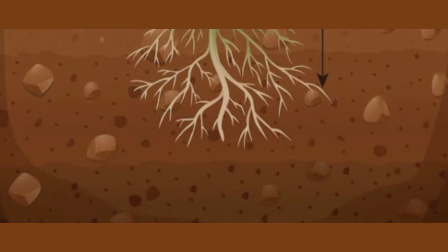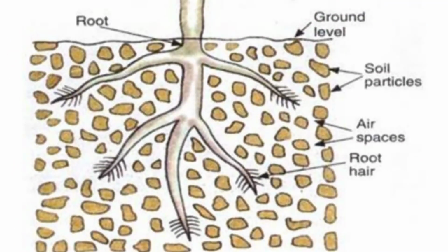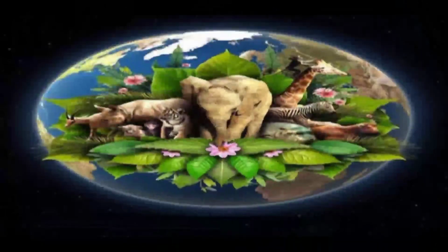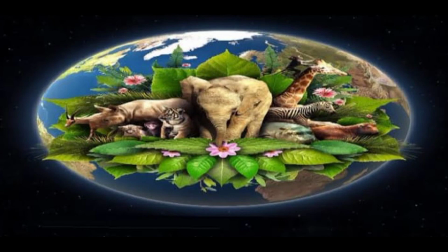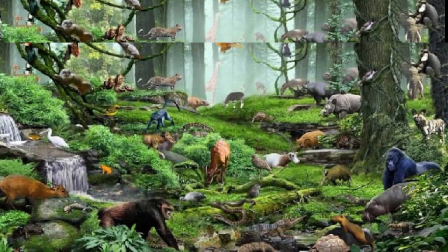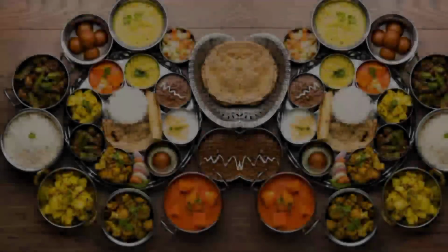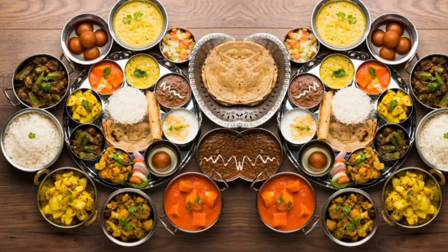So roots take up air from the air spaces present between the soil particles. So you are now in a position to understand that all living organisms in this world require energy, and it comes from food, which is very much required for their survival.